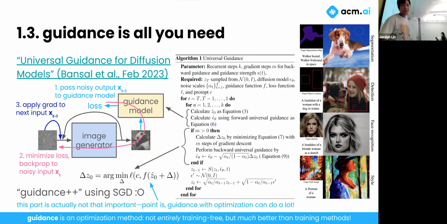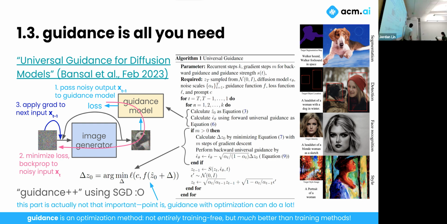Okay. Then guidance is all you need. There's this paper called Universal Guidance, and basically what they say is you can just loss.backward and use something like classifier free guidance but on any loss to make the model generate anything that fits a certain loss. For example, you can make the model generate an image of a specific person by minimizing the loss of a facial recognition network.